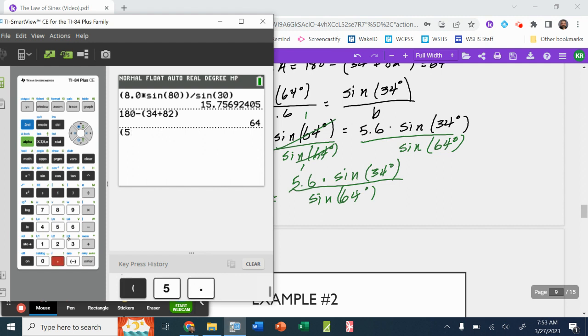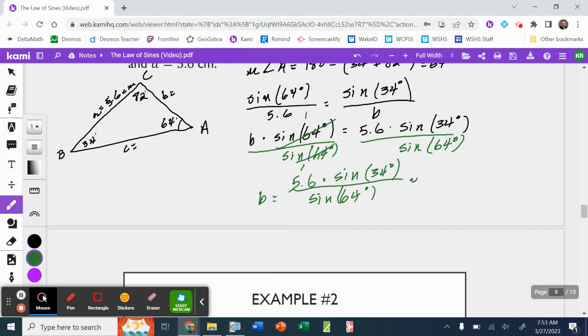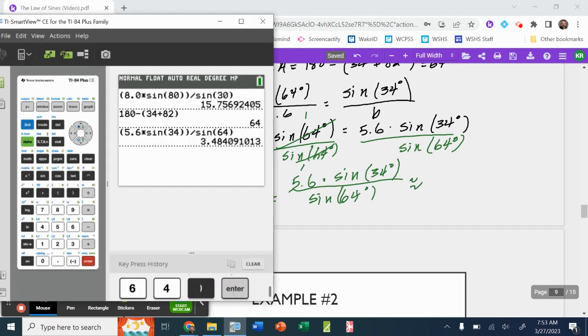So we're going to say 5.6 times the sine of 34, and I know it's degrees because my calculator is set to degrees, divided by the sine of 64 degrees. And we get that side B should be approximately, and again, I'm going to do 3 decimal places because it's not specified as to what I need to do, 3.484.